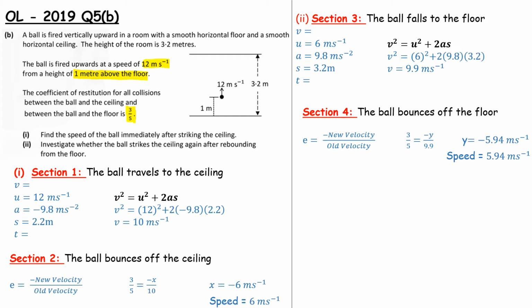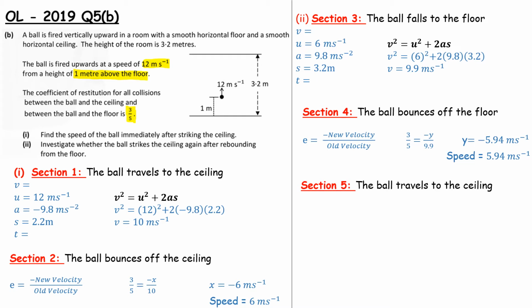So I'm going to use Y for my new velocity here. And when I work it through, I get Y is equal to minus 5.94. Again, it works out about 6. It works out exactly 6 if you're using acceleration as 10. So just bear in mind that we can look at the speed, but the idea here with that minus is it's going the opposite direction. But remember, we changed. We said actually now going downwards was positive, so it's telling us it's coming back up.